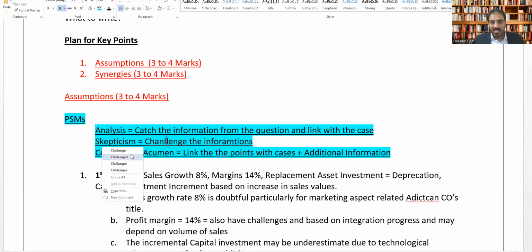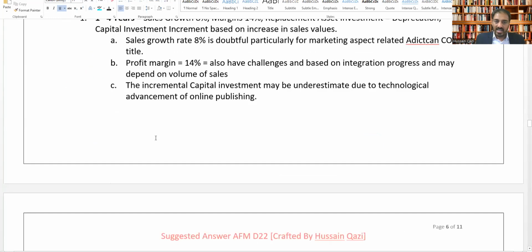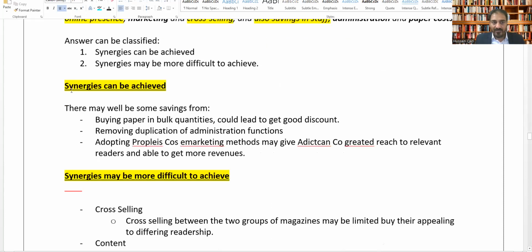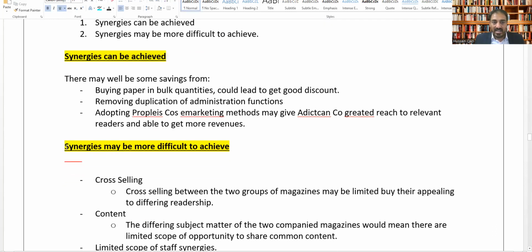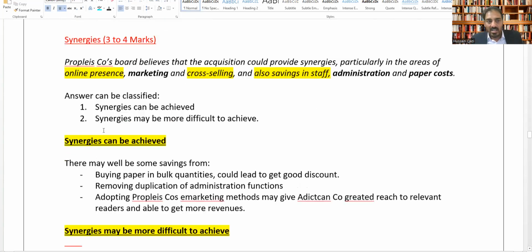Sir, challenge the information, the skepticism. It's not only about the challenge. If we split our communication into two parts, that synergy can be achieved and synergy may not be achieved or may be difficult to achieve.